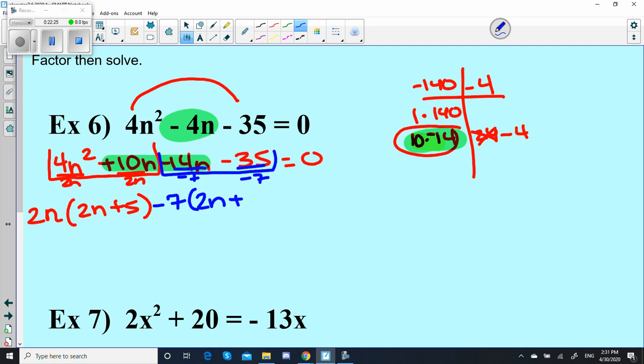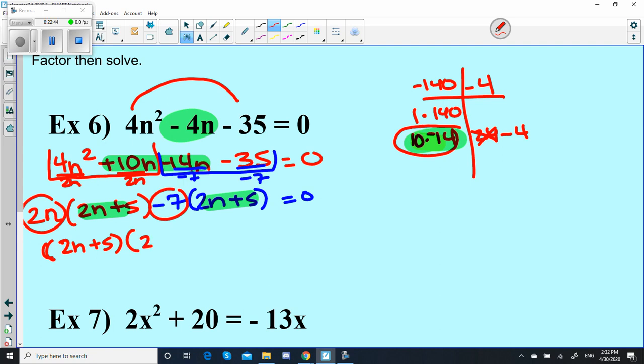And the back part would be plus 5, and it matches. So I know that I'm right. See how these match? So that means that's one of the terms, 2n plus 5. And then remember, I take the two GCFs and I make the other binomial, 2n minus 7 equals 0.